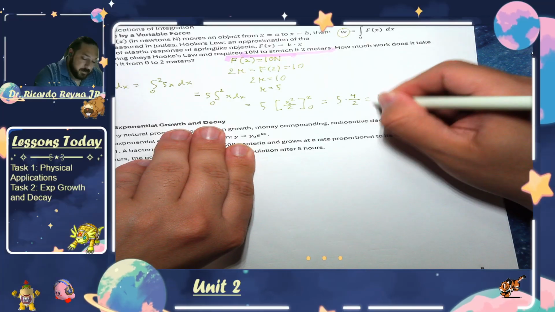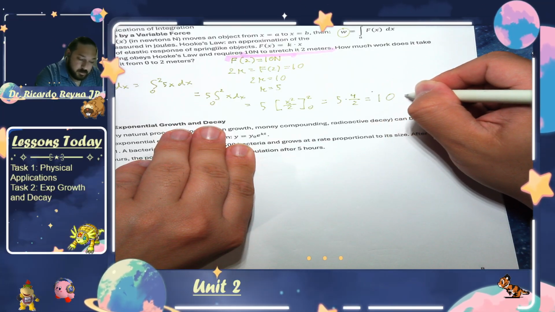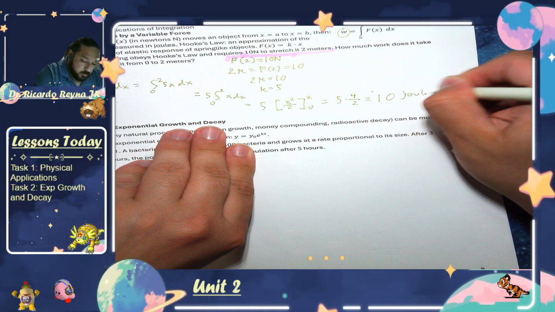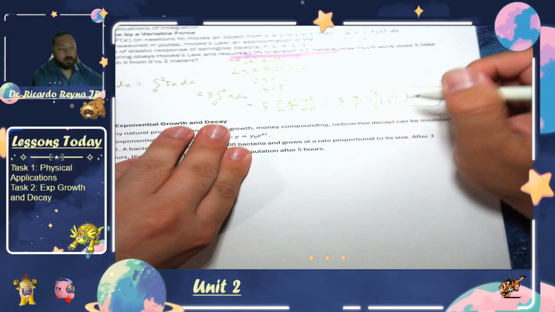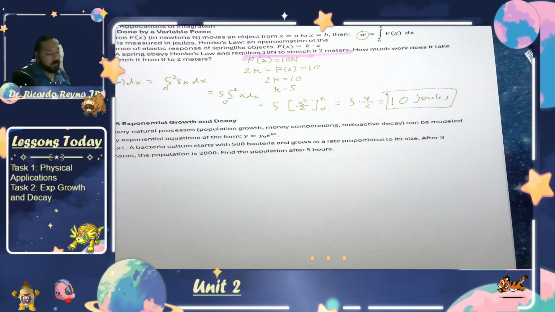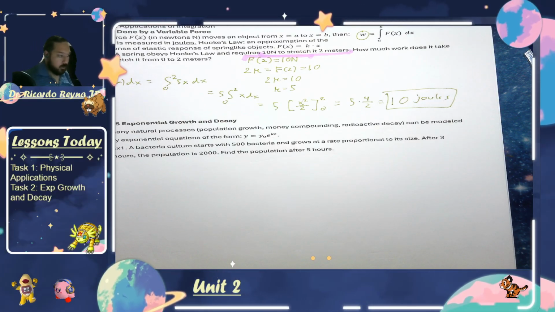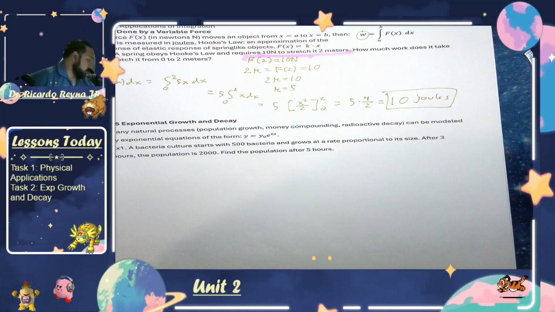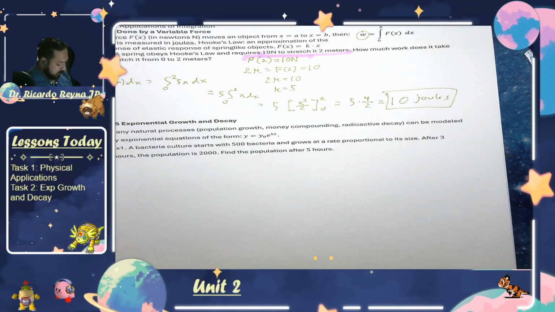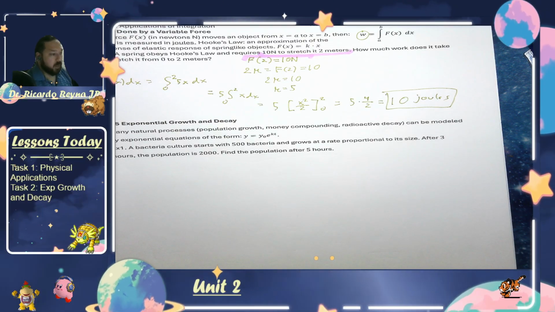That's going to be 10. And we're measuring work, so work is in joules. All right. So there's more to this, and you can keep going further with these sort of physics applications, but this is Cal, so we're not going to stress too much about it.